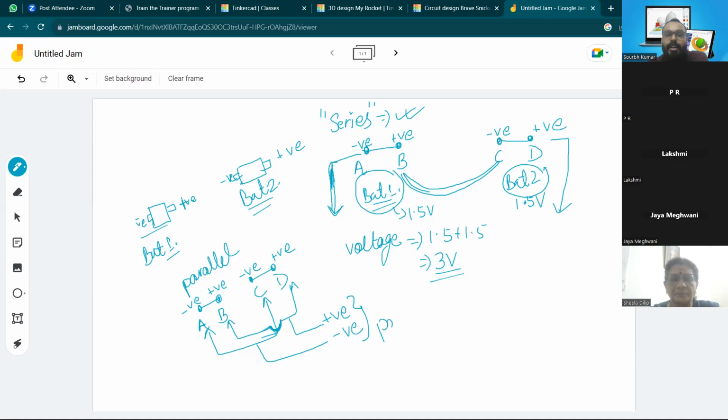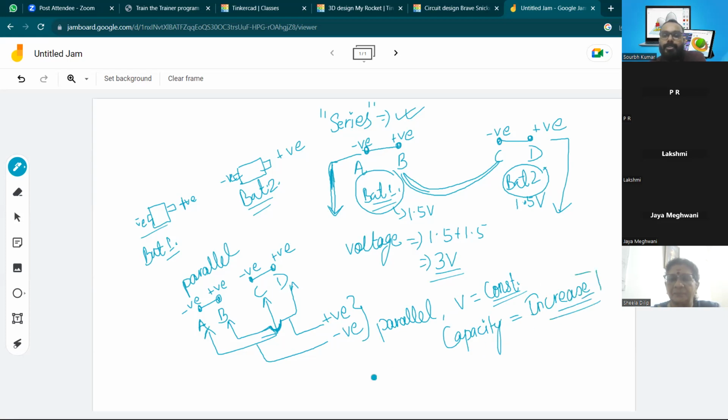So in parallel connection, what will happen? Voltage will remain constant. Voltage will always remain constant, but the capacity, the current carrying capacity, or we can say the amperage or the wattage, will increase.